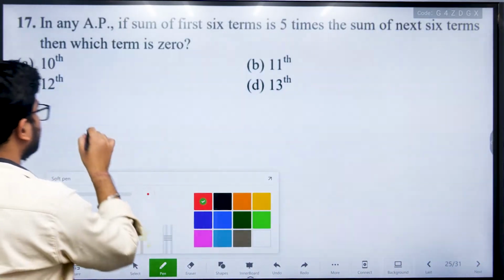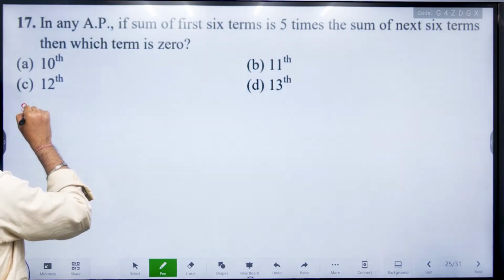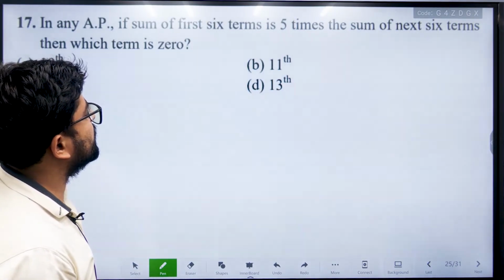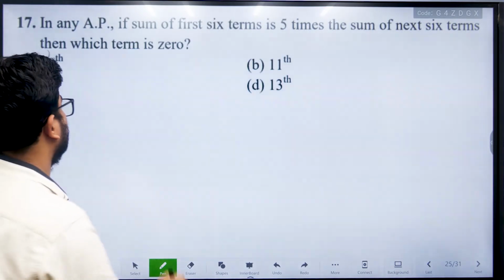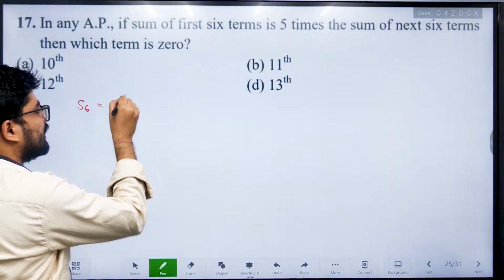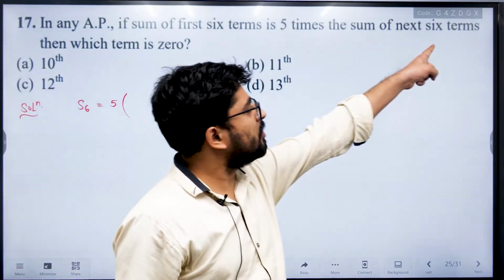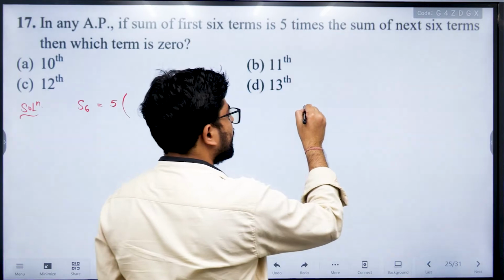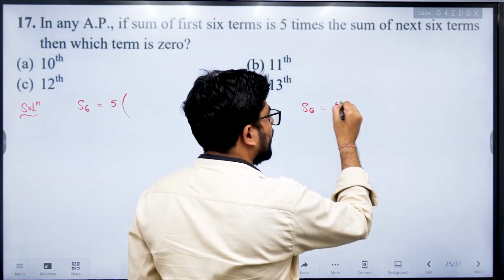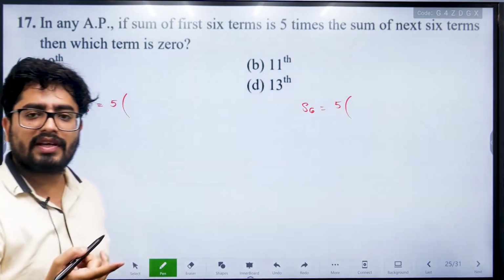17th question. In an AP, the sum of the first 6 terms is 5 times the sum of the next 6 terms. Means S6 is equal to 5 times the sum of the next 6 terms.